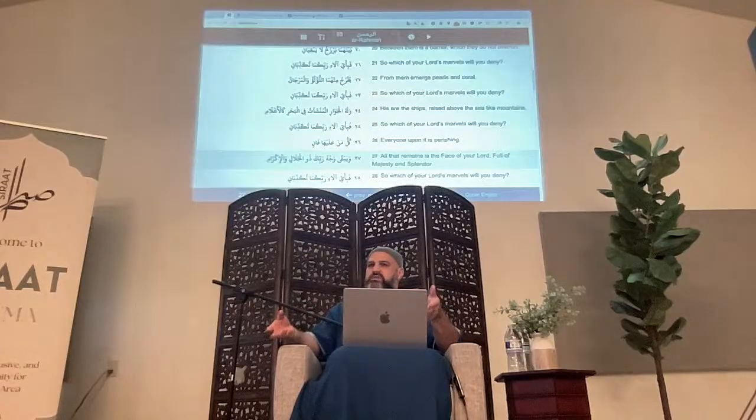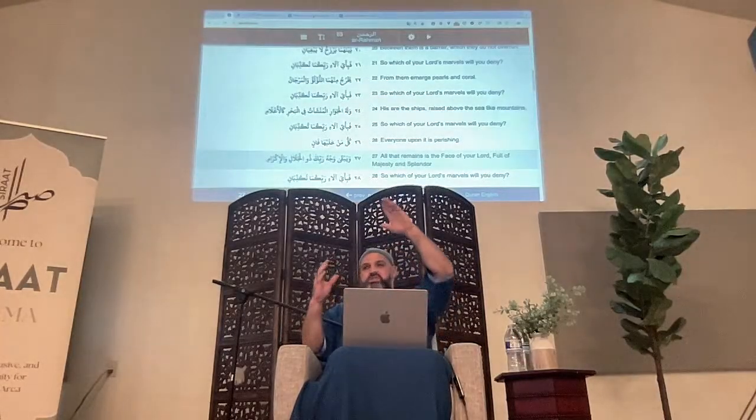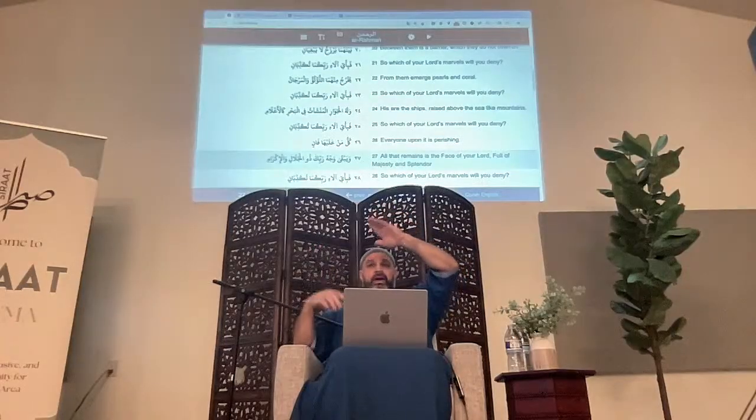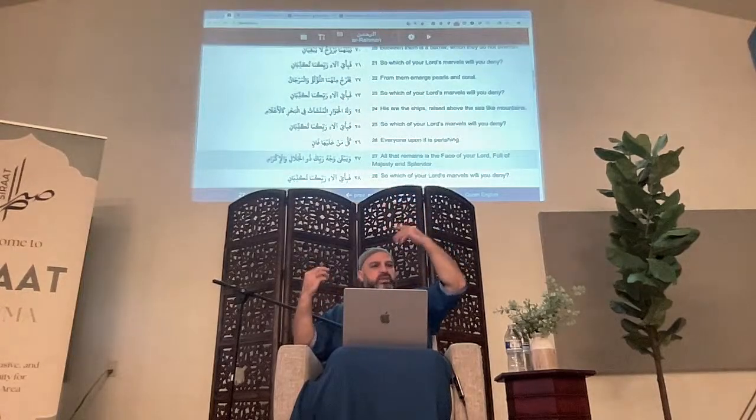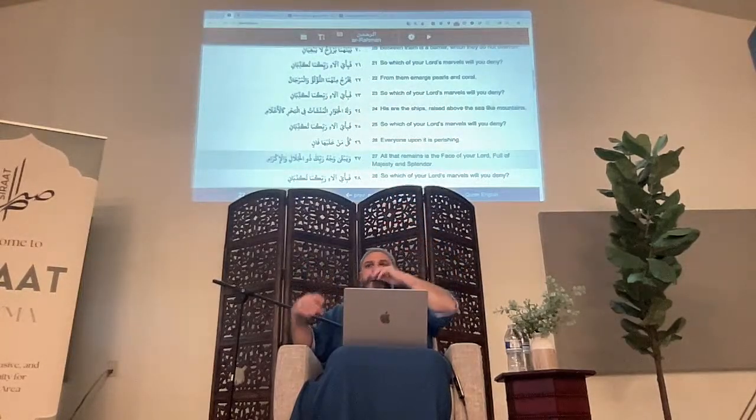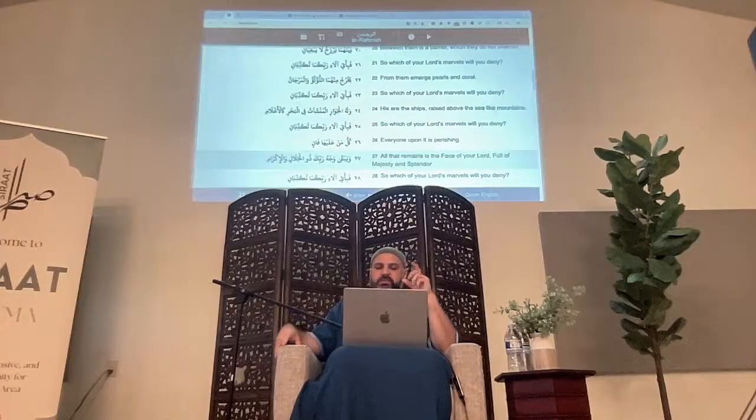It can mean landmarks or flags. But my understanding is this is referring to the ship's mast, way high in the sky like mountains, that the winds are blowing and they're moving. So I think this is the imagery here.